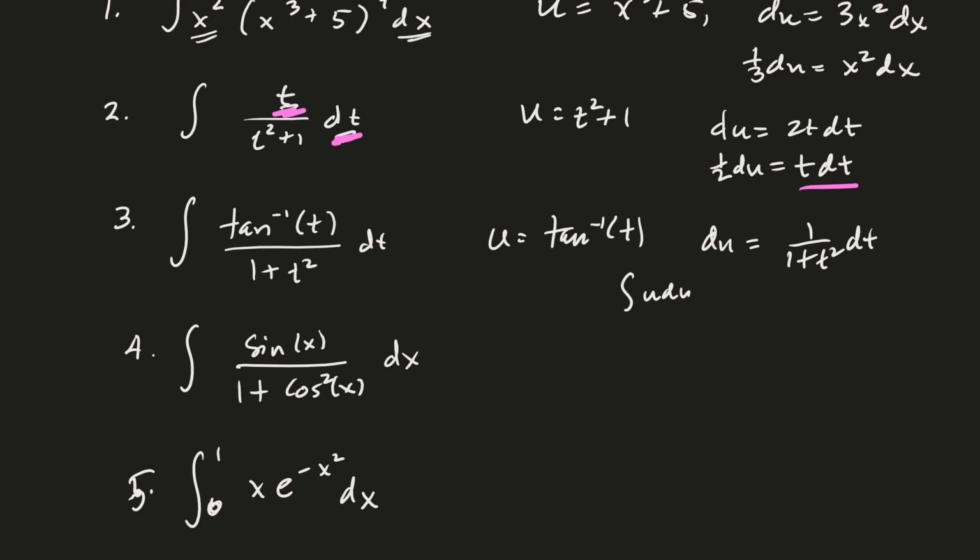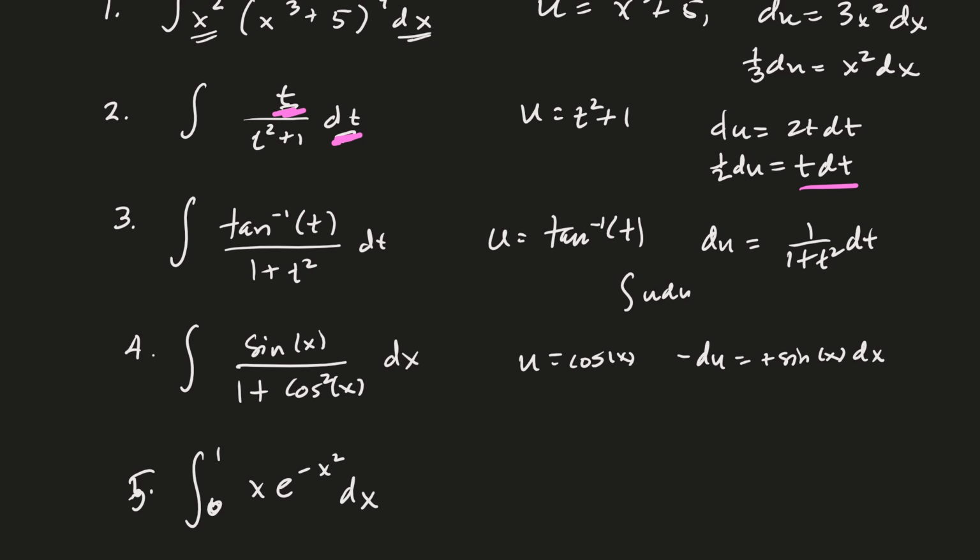How about the sine of x over 1 plus cosine squared? What might you make a substitution with? Did you say cosine? I think I may make it with the cosine. Because let's see why. If u is equal to the cosine of x, then du would be minus sine of x dx. And so I could write minus du as sine of x dx.